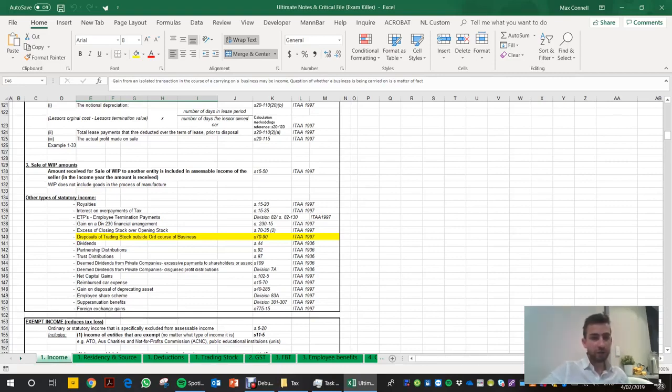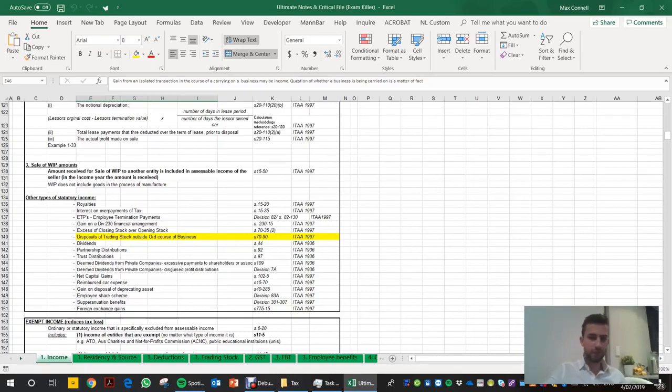So the amount that you receive for that WIP is not capital, it's put in the assessable income of the seller in the year that the amount was disposed of. So that's section 15-50.